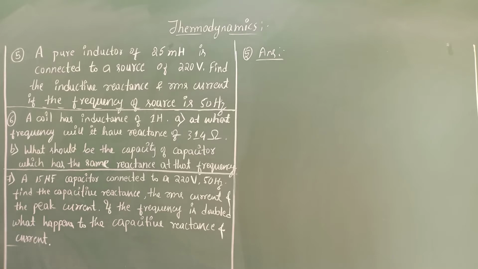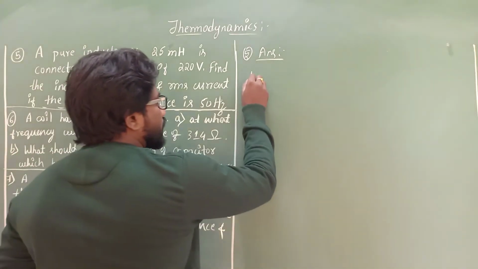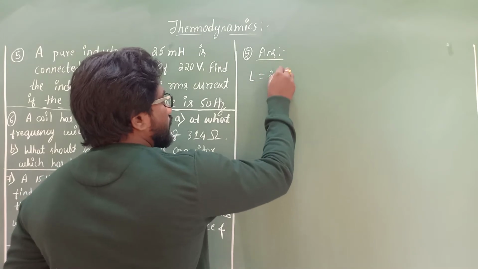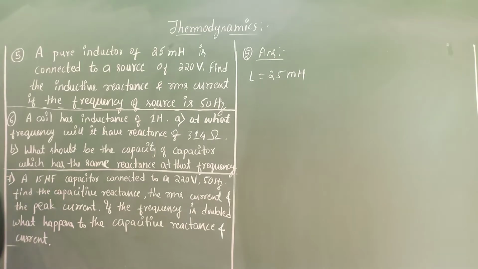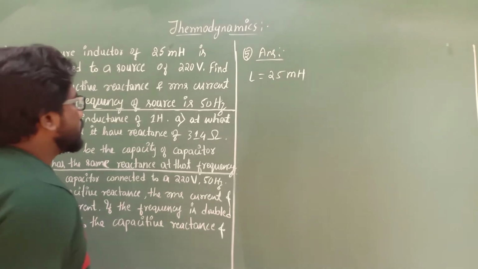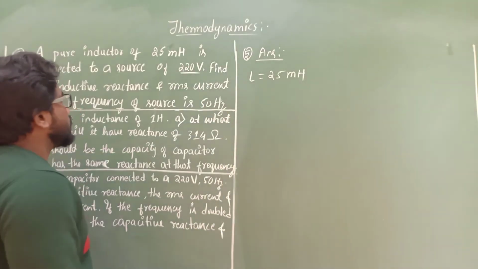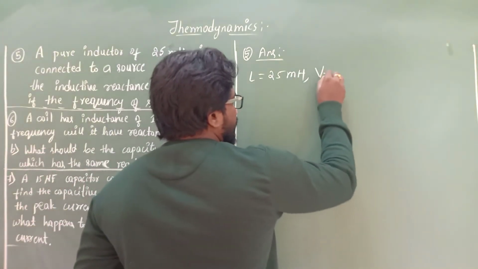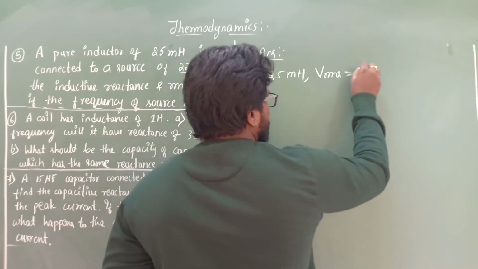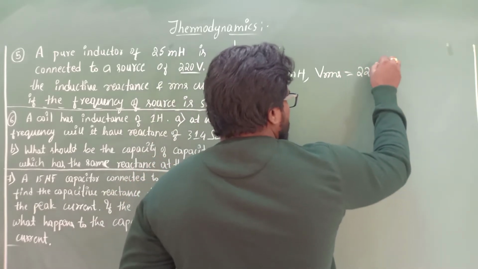So voltage and inductor value are given. The inductance is L equals 25 millihenry. Milli means what? It is nothing but 10 power minus 3. So that is the value of milli. The RMS value of the source voltage is given by Vrms equals 220 volt.